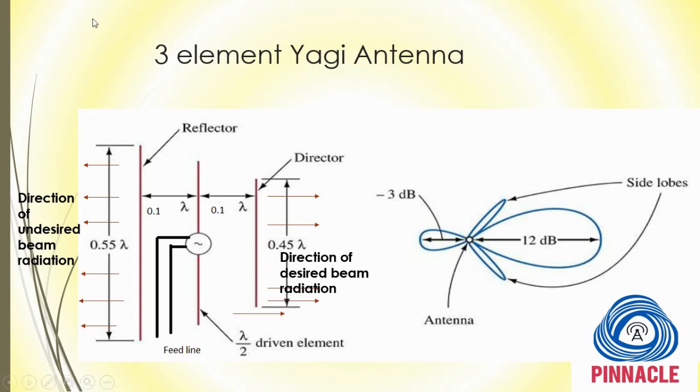So, this figure shows the undesired beam radiation, and this arrow shows the direction of desired beam radiation. Because of the desired beam radiation, we obtain the principal lobe, and because of the undesired beam radiation, we obtain the back lobe and side lobe in the radiation pattern.